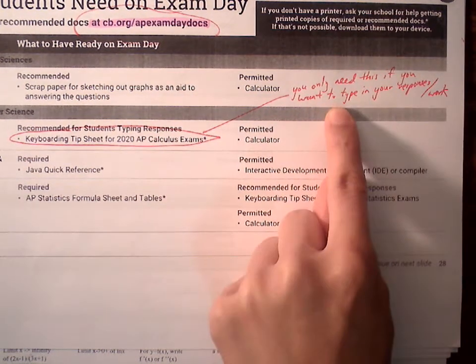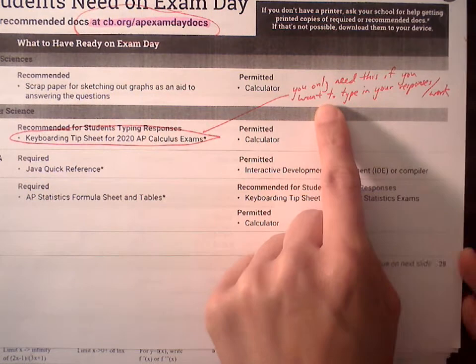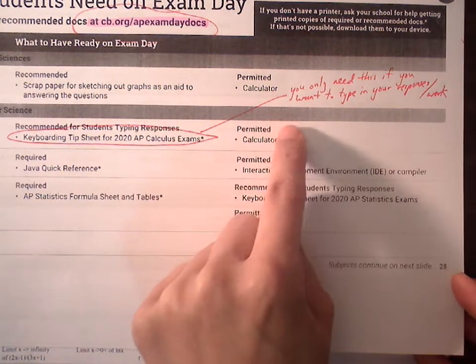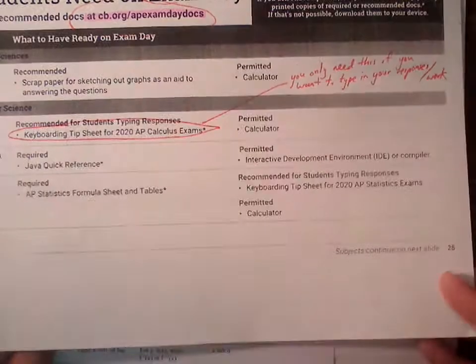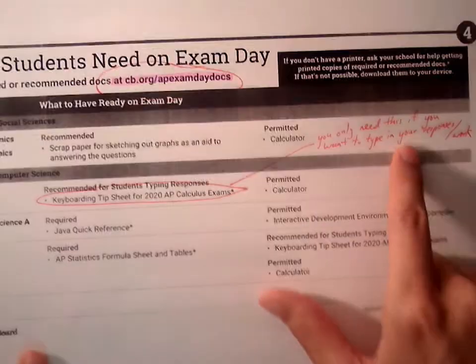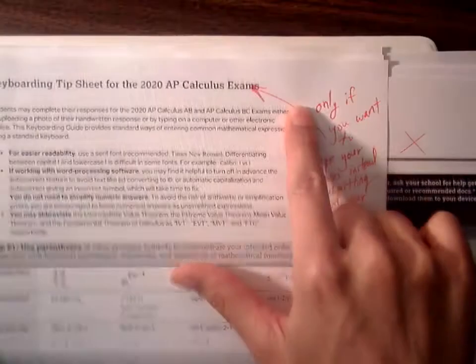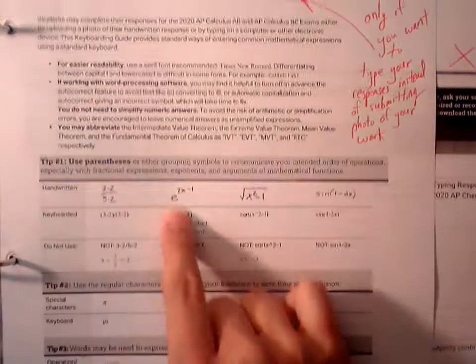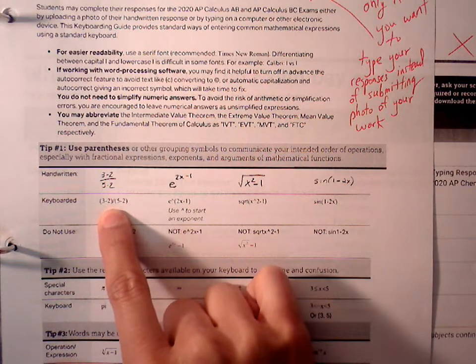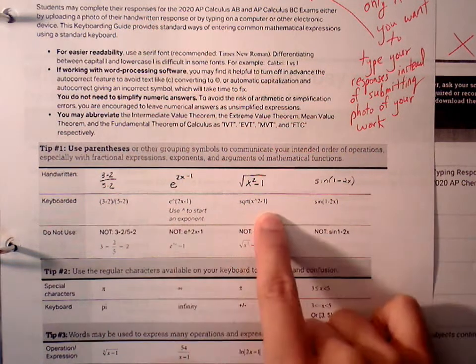I just feel like this is going to take a long time to do, and ideally you're taking photos of your work. It's just a lot faster. But if students prefer to do it this way, then you can print this out. There is a tip sheet that will tell you how to take your handwritten notation into a keyboarded form that they will accept.